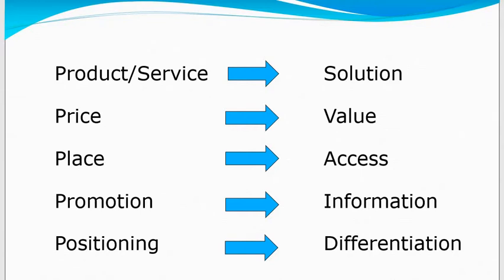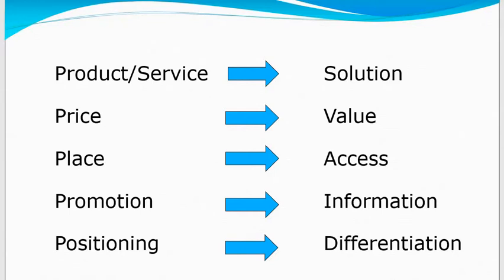The next element of marketing mix is price. Price is usually related to the value that it provides to the end user, to the customer. Place is related to the access to our products or services, where our products or services can be bought in the market.